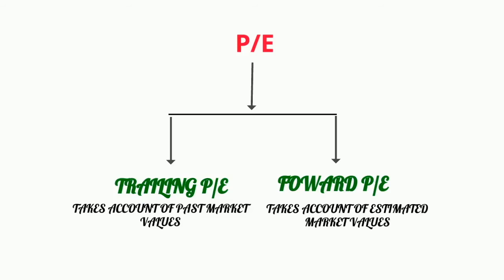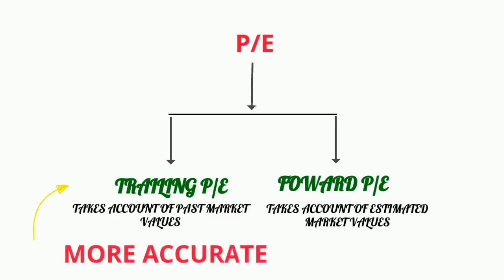So we can for sure say that trailing PE would be more accurate than forward PE, since it is calculated based on the prices in the past, whereas forward PE is calculated by estimated prices. So always take trailing PE into account, whereas in some cases forward PE may be useful.